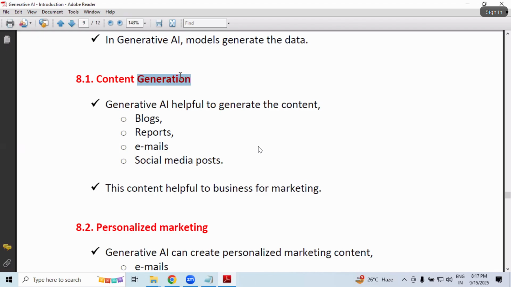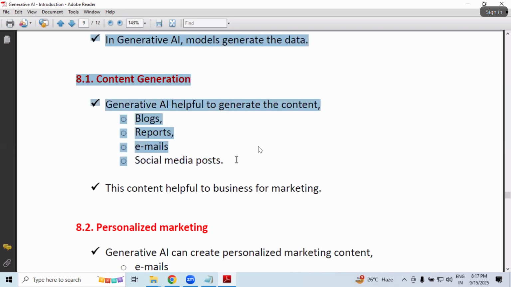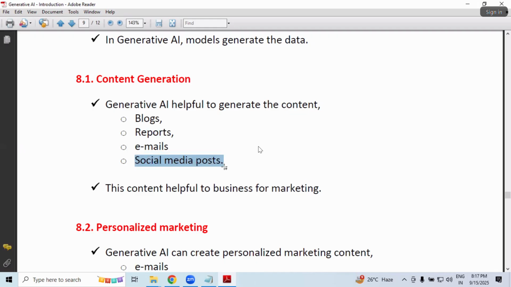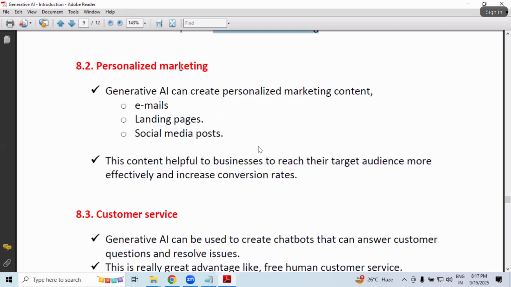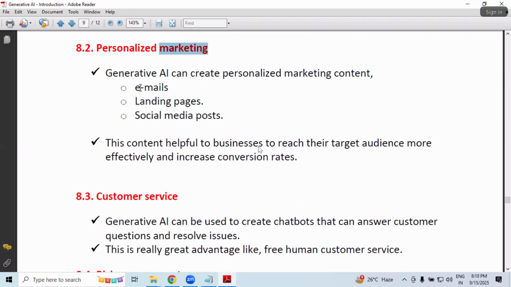It is helping a lot. Blogs, reports, emails, social media. Sir, the number is endless, many things actually. This content is helpful to business. What exactly, sir? Marketing. This content creation is helping business with marketing actually. Personalized marketing also. Very good. Generative AI can create personalized marketing emails, landing pages, social media posts actually.